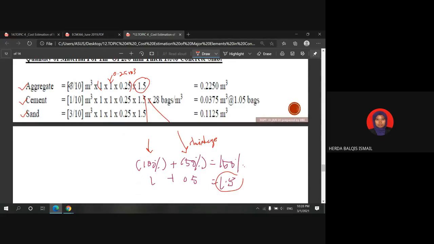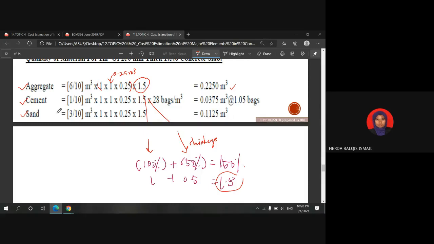When you total up, you will get the quantity of aggregate, which is 0.225, and for sand it is 0.1125 cubic meter.